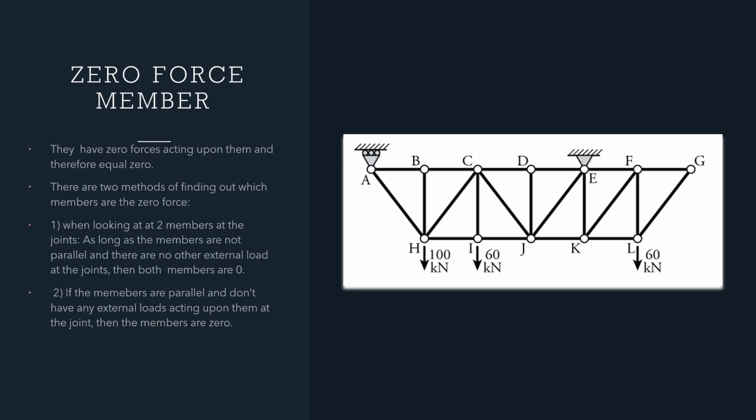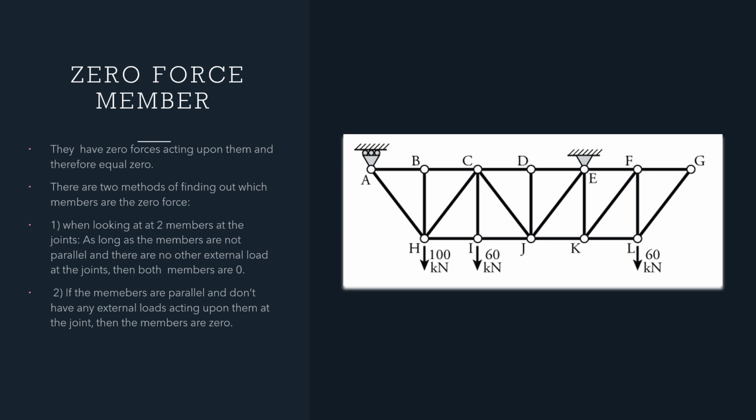Zero force members, as the name implies, just means that there are zero forces acting upon them, so the force equals zero. There are two methods of finding which members are zero. One method is when you're looking at two members at a joint, and the joints are these circular points right here.